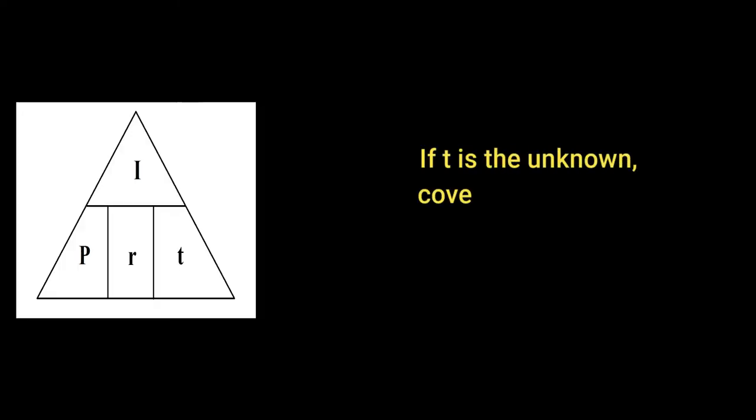So you cover P, and then what is left there is I over RT. How about if the unknown is R? So you just cover R, and then what is left is I over P times T. Okay, since this is multiplication, the I over the product of P and T, if the unknown is R.